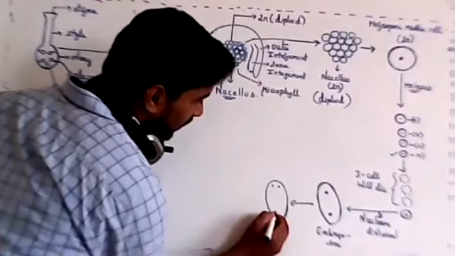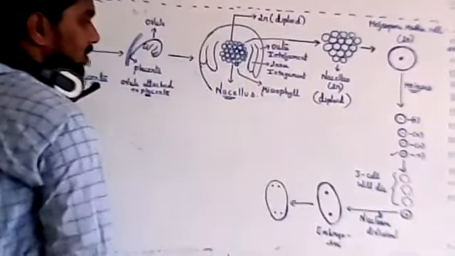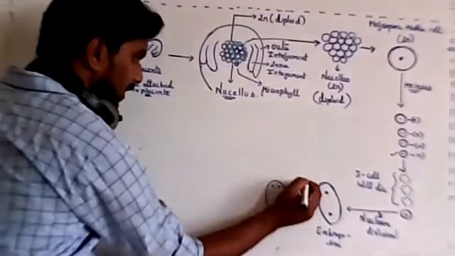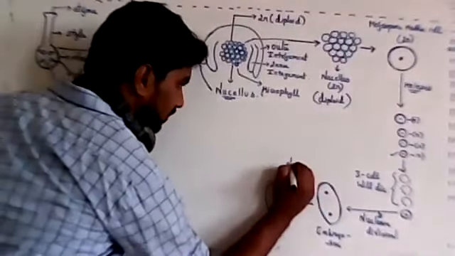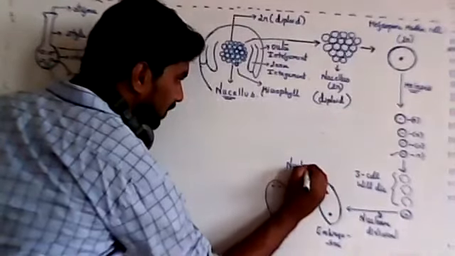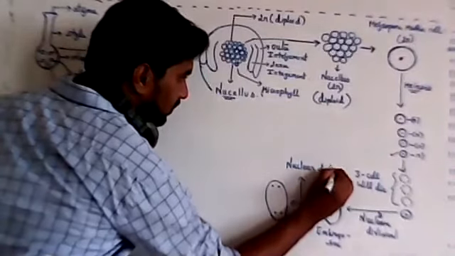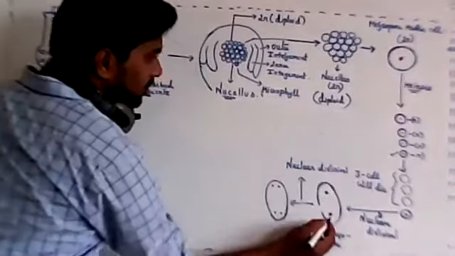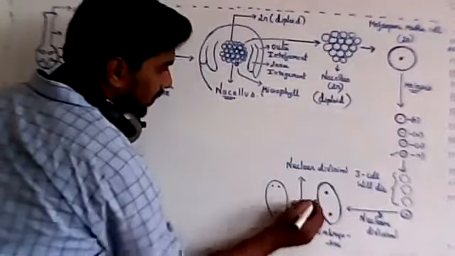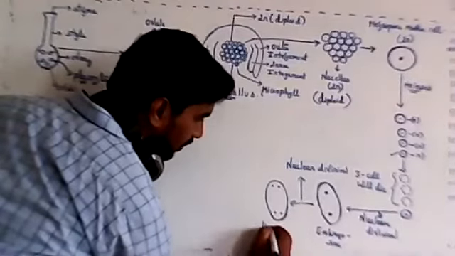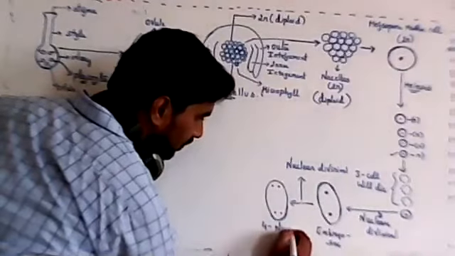So here 2 and here 2. Then in the next round, nuclear division will again take place. Only the nuclei will divide, and that is called nuclear division. So first a 2 nucleated embryo sac, then a 4 nucleated embryo sac.